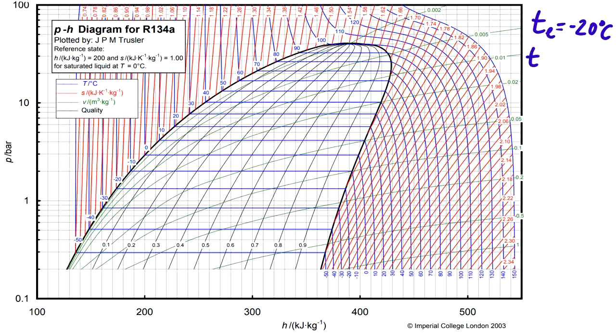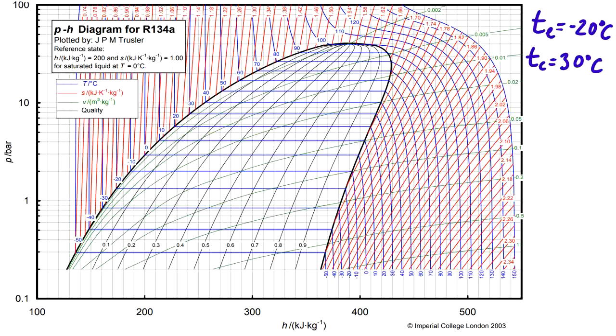And then the temperature of the condenser was 25 of the ambient plus 2 for minimum temperature difference, so it was 30 degrees C. So how would the ideal Rankine cooling cycle work in this diagram, and what would be the values of enthalpy and other parameters at important points?